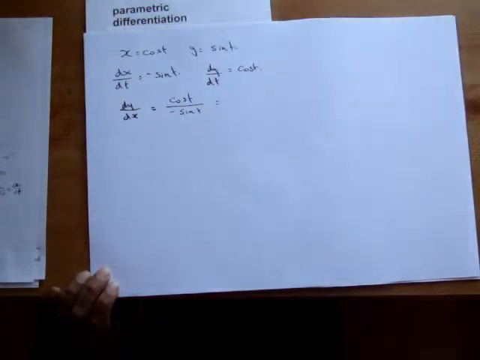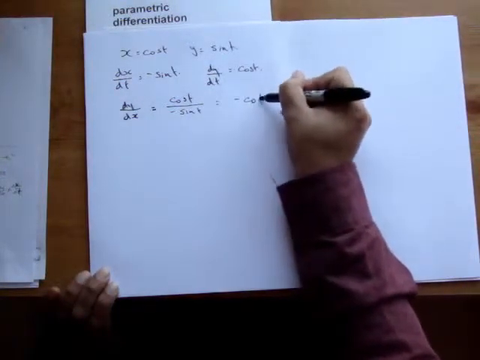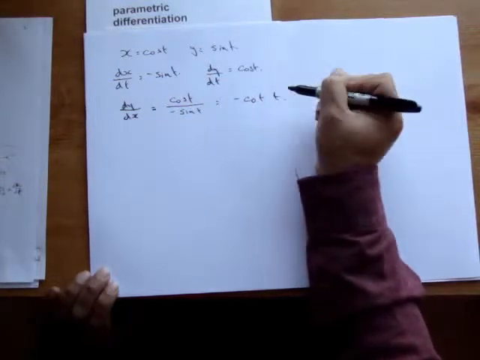Now we know that sine over cos is tan, and cos over sine is cotangent, so this then becomes minus cotangent t.